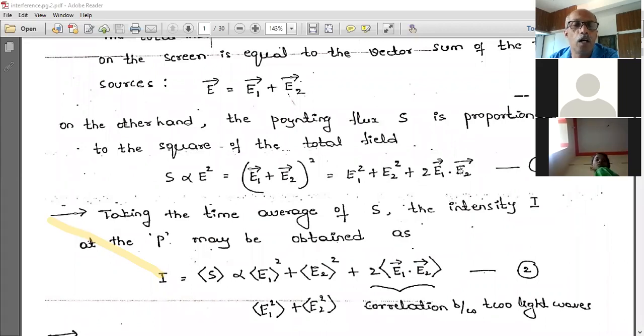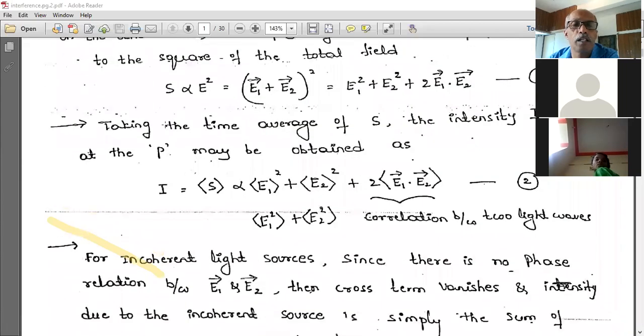Taking the time average of S, we get the intensity. Therefore, I is proportional to the average of E1 square plus the average of E2 square plus 2 times the average of E1 E2.